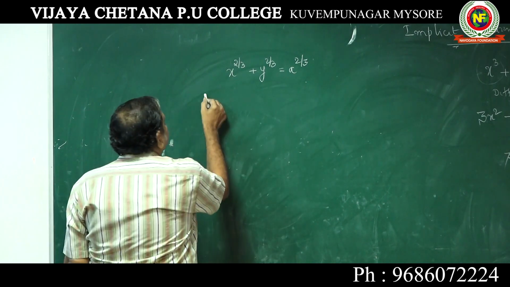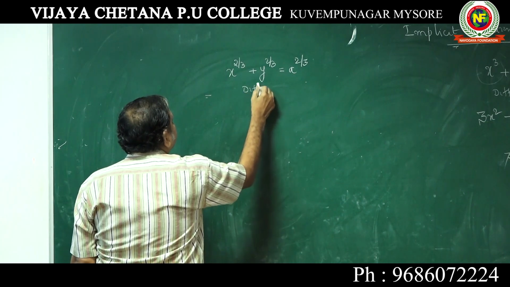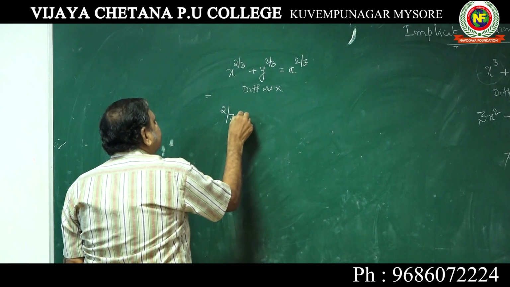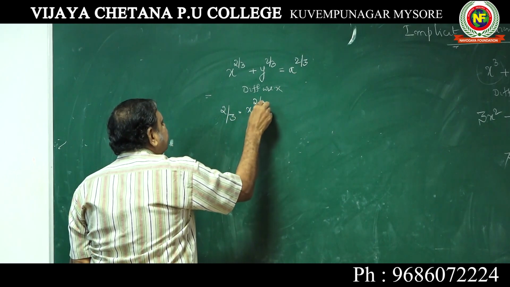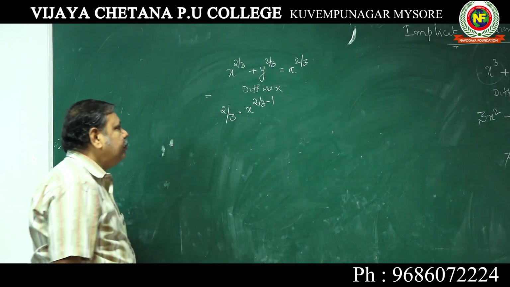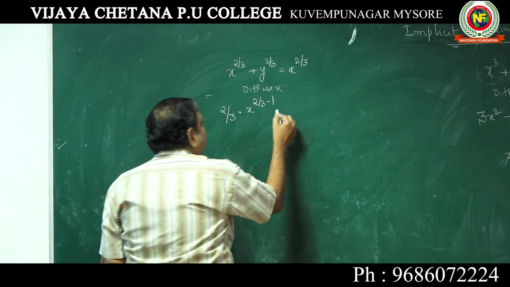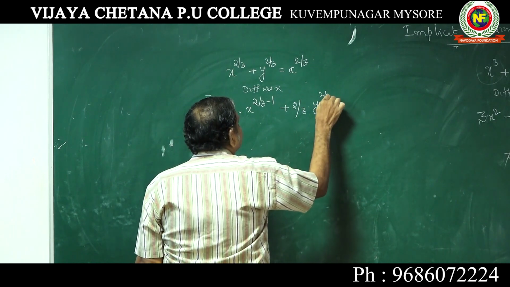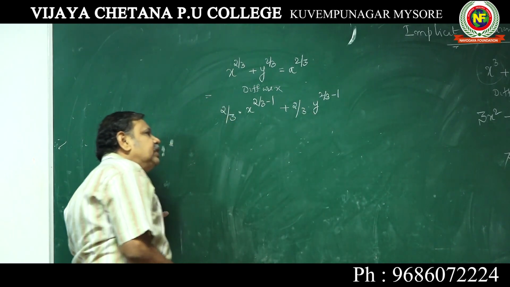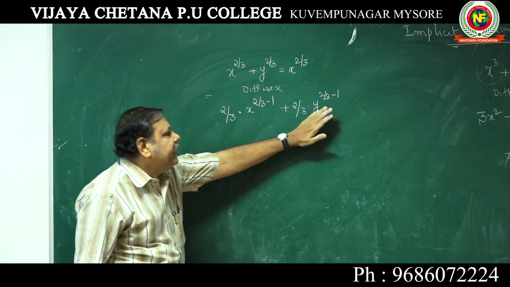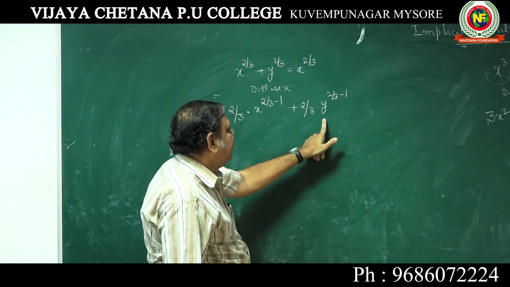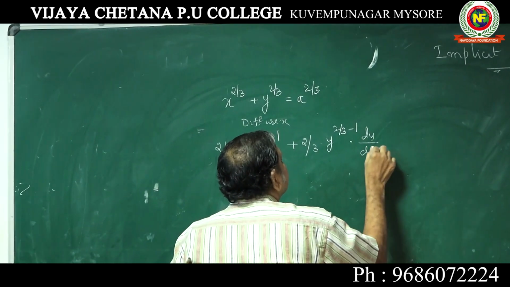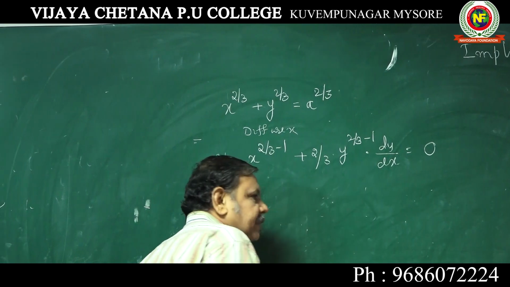Now when you differentiate with respect to x, 2 by 3 into x to the power of 2 by 3 minus 1, x to the power of n minus 1, plus 2 by 3 into y to the power of 2 by 3 minus 1. Here the very important thing is, most students forget to write dy by dx. When you are differentiating the y variable, you must mention dy by dx, is equal to 0 on the right side, the constant.